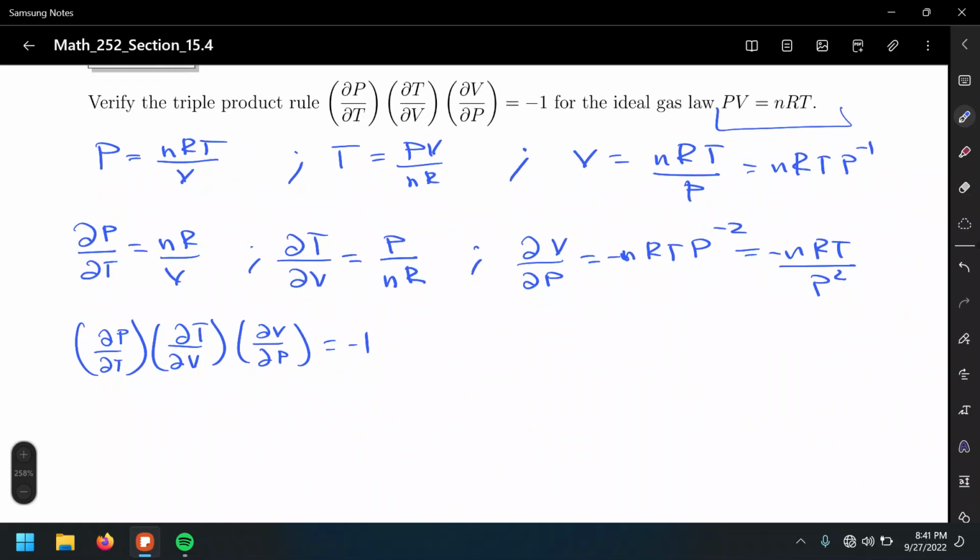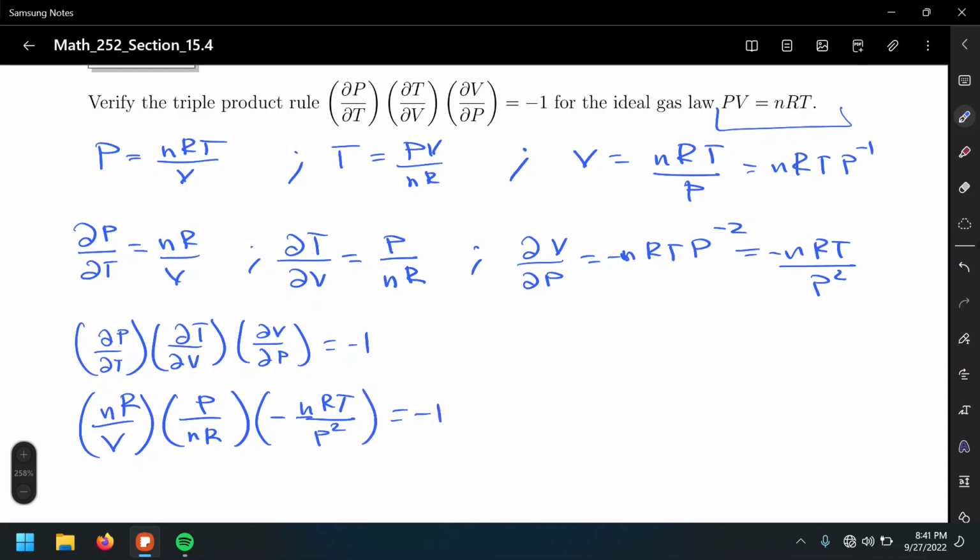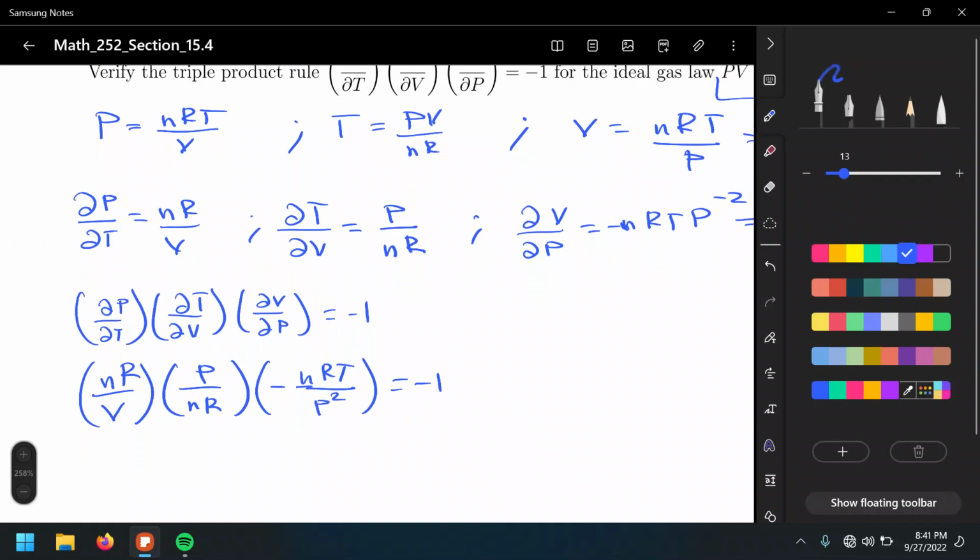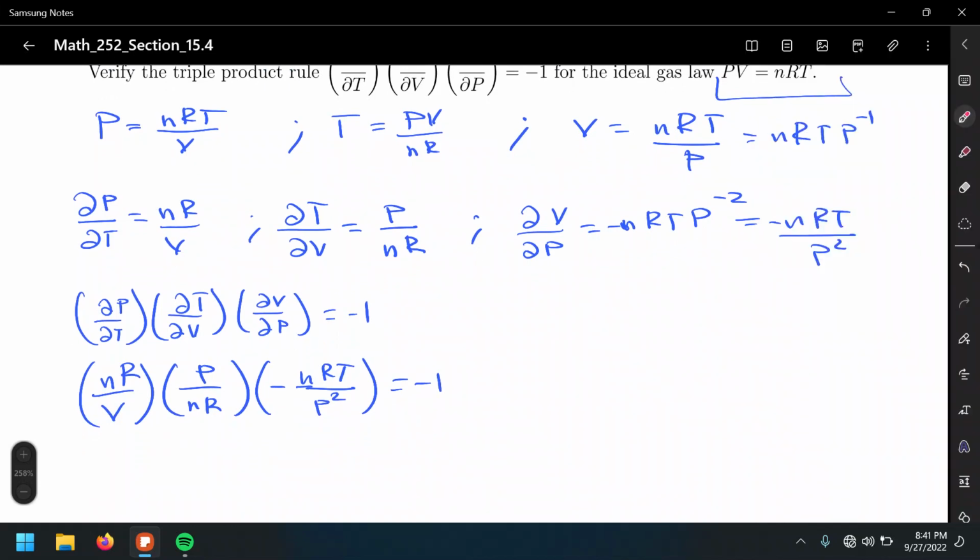That's nR over V, the first factor, times P over nR times negative nRT over P squared. That should equal -1. Check this out, a lot of common factors cancel out. We can cancel this nR with this nR. We can also cancel one power of P with another power of P. And I believe that's about it.